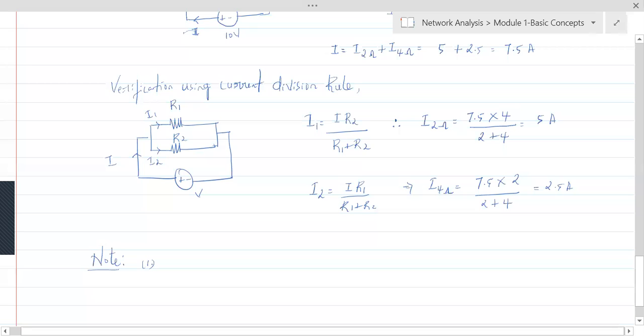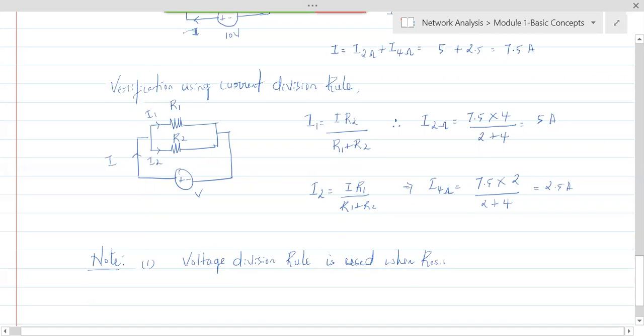Note one. What we have learned so far. Voltage division rule is used when resistors are in series.